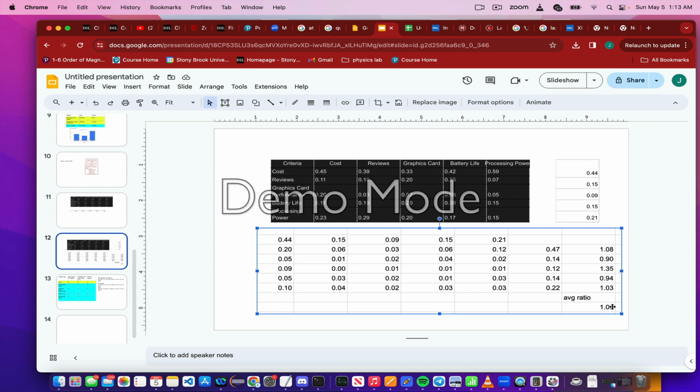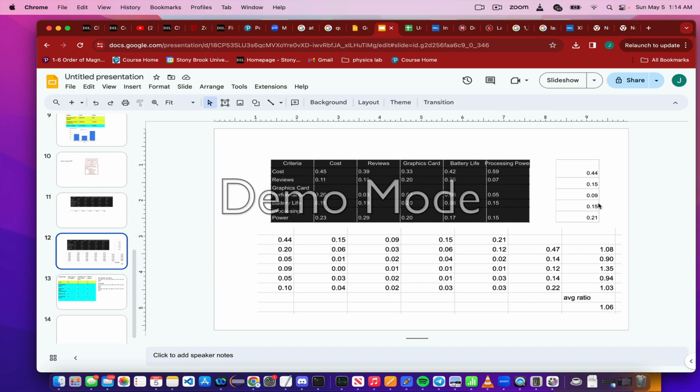And then we're summing all of these and dividing. Sorry, we're summing all of these, and then we're dividing them by these values of their respective row.